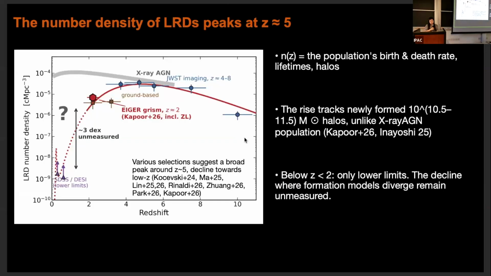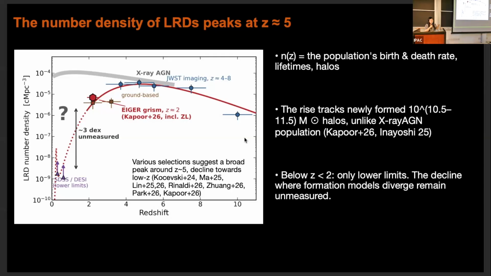And now let's zoom out to the whole population, because the demographics itself also carries important physics, such as the number density. The number density tells us about the whole scale, the duty cycle, and the lifetime of this population. And so we already know the rise.